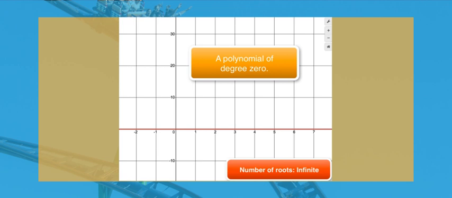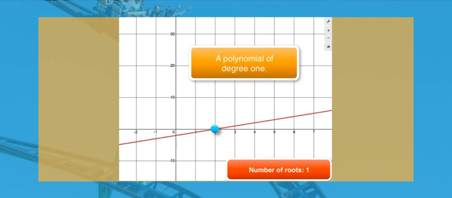A polynomial function of degree 1 is a linear function. If its slope is greater than 0 or less than 0, then the graph will intersect the x-axis only once. If the slope is 0, then it is a constant function and no longer a polynomial of degree 1. The graph of y equals 0 has infinite roots.